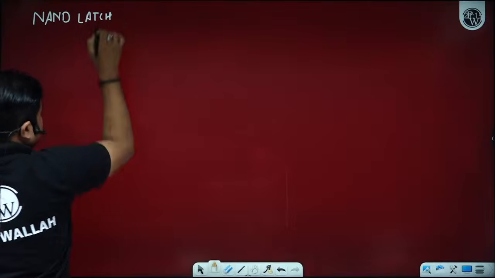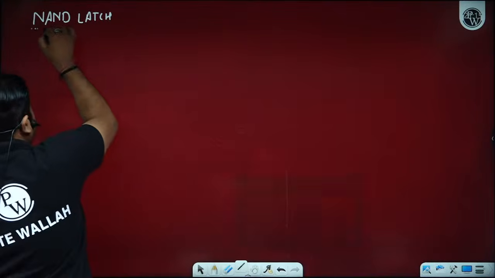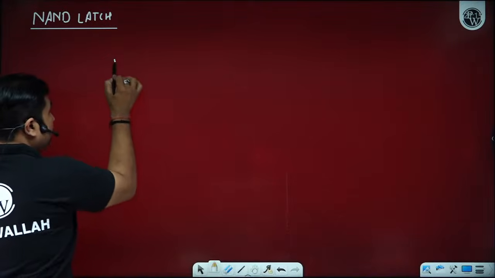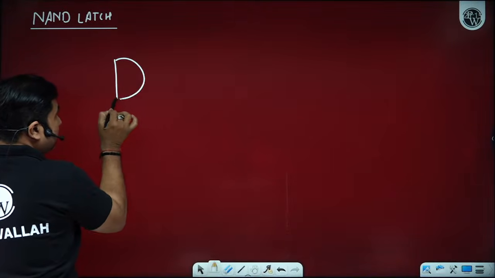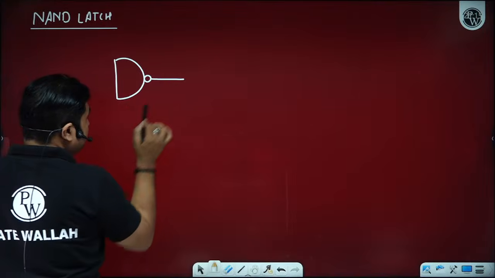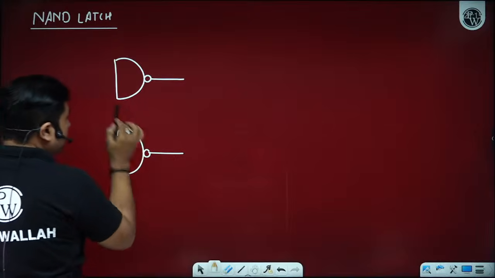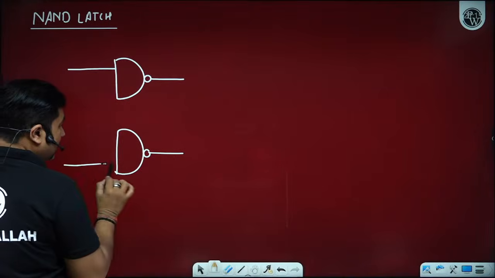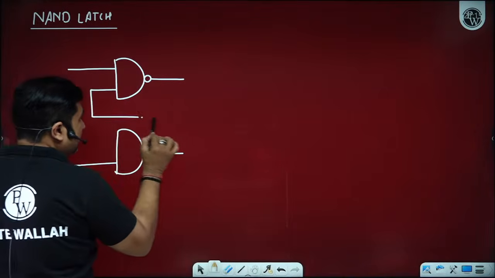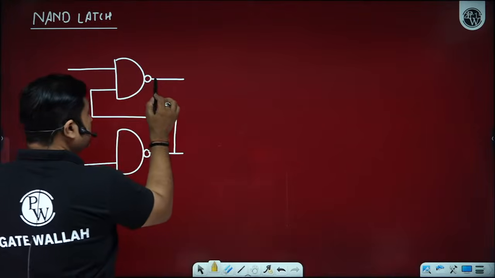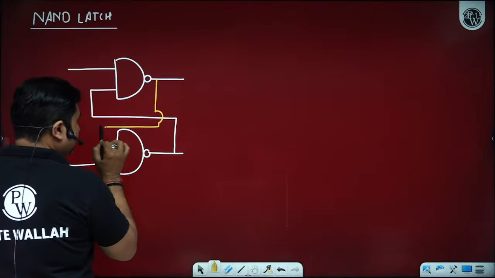When the latch is designed using NAND gates, it is called a NAND latch. A NAND latch can be represented like this. Now we can have control over the latch. It means if we want to store some data or restore some data, it is possible.